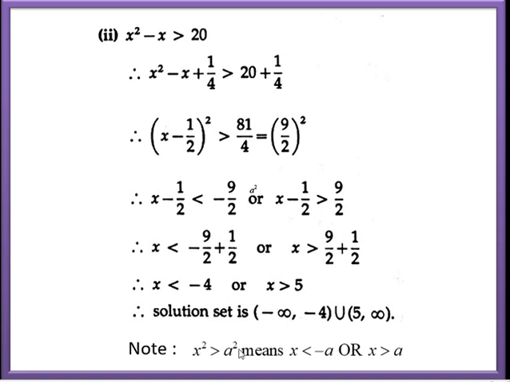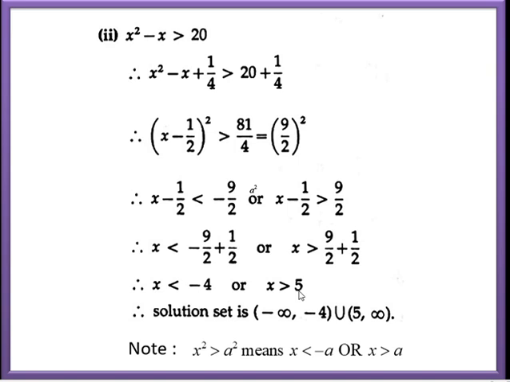Now, don't say, sir, you have written x less than, but here it is not square of x, it is square of x minus half, and that is why I have written x minus half less than minus 9 by 2 or x minus half greater than 9 by 2. Now shift minus half to that side. So this is minus 9 by 2 plus half, that is x less than minus 4, or here 9 by 2 plus half is 10 by 2, that is 5, x greater than 5.